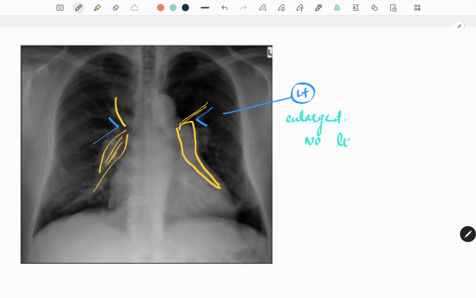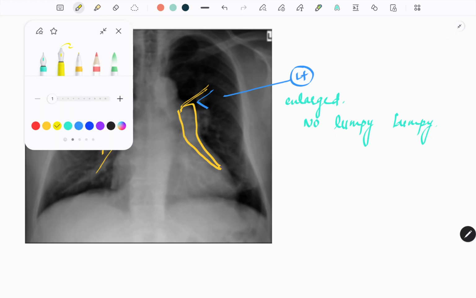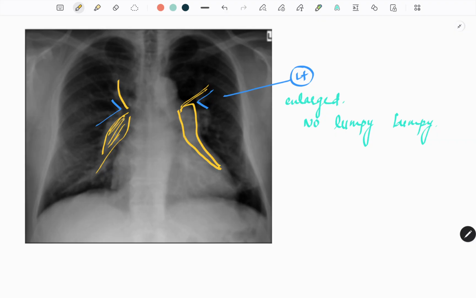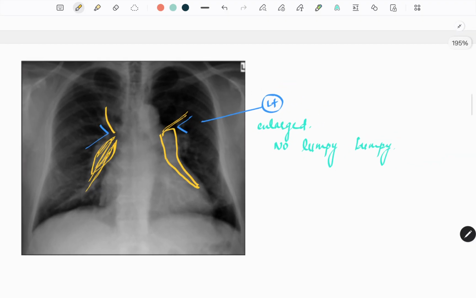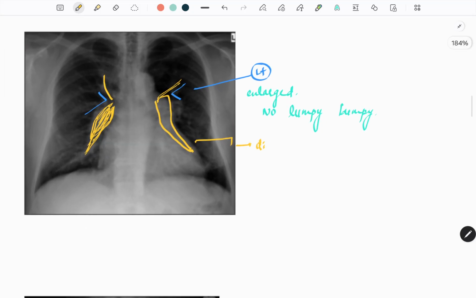There is no lumpy bumpy contour. Instead of this, these lower lobe pulmonary arteries are enlarged in size, and this enlargement is usually more central. As we come to the peripheral two-thirds, these vessels are disproportionately smaller.